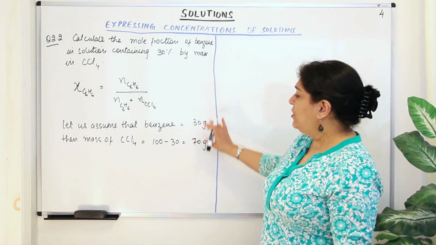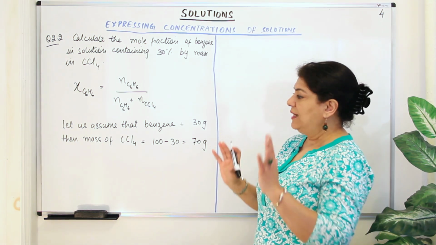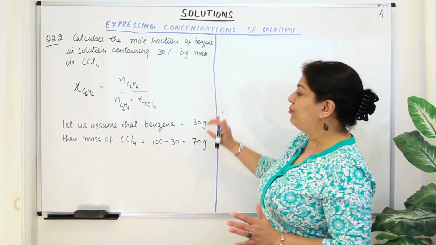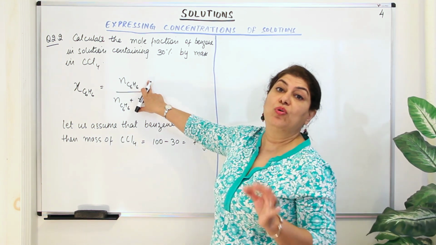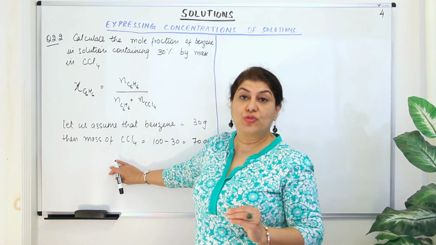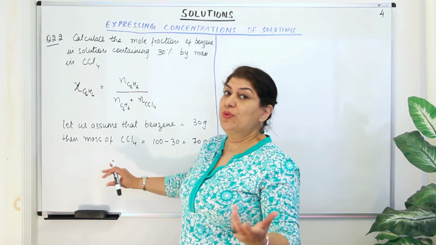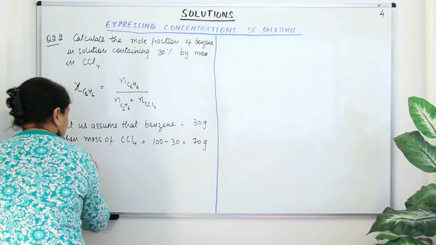From this, we know the masses. We've just assumed in the proper ratio the masses of both the components. And our aim is to find out the number of moles. If we have to calculate the number of moles of anything, then how do you calculate? The number of moles of anything, for example, we are taking C6H6, that is benzene.